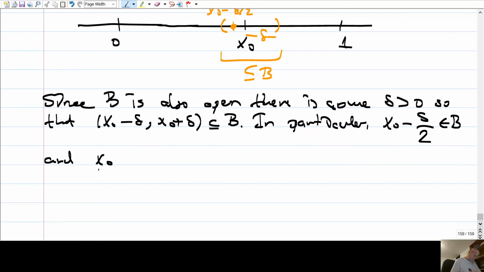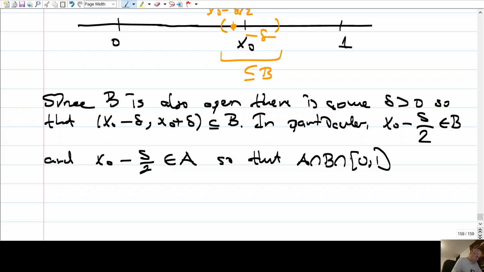So x0 minus delta over 2 is in B, is in A, I am sorry. So that the intersection of A, B, and 0, 1 is not empty. A contradiction, and this is a contradiction.